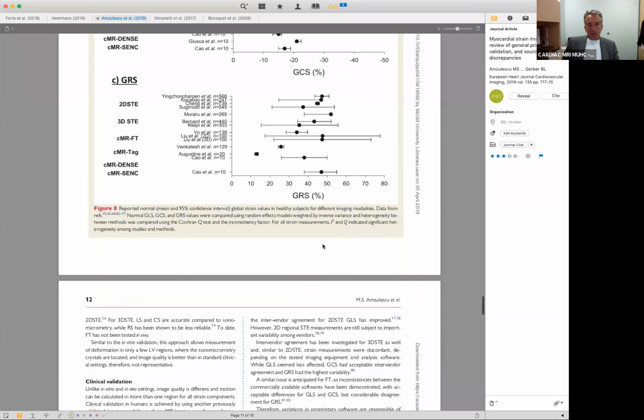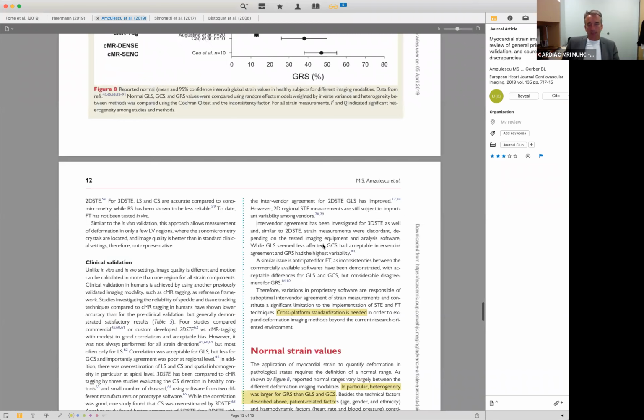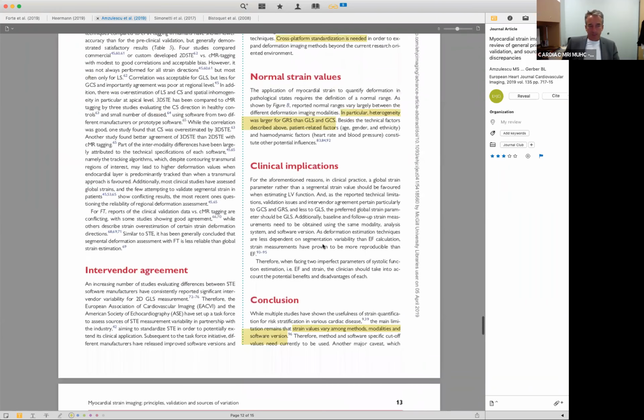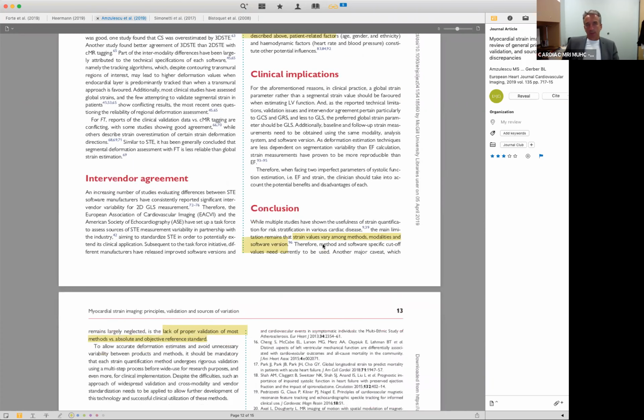So long story short, strain imaging at this point in time is a difficult business. We're probably not at a point where you can say, yeah, we can use it clinically and for follow-ups or so.